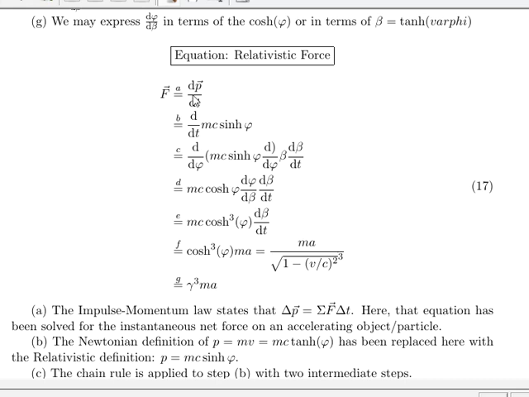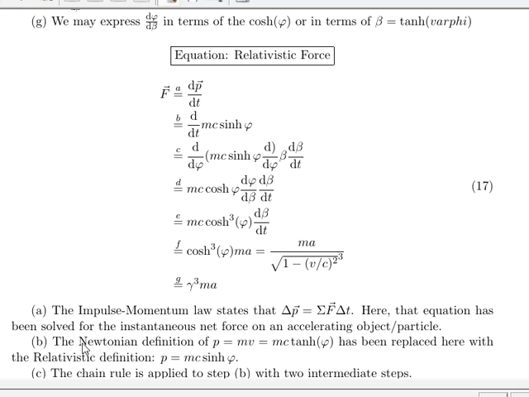Here, the equation has been solved for the instantaneous net force on an accelerating object or particle, basically by taking this equation and dividing by delta t, or dt.